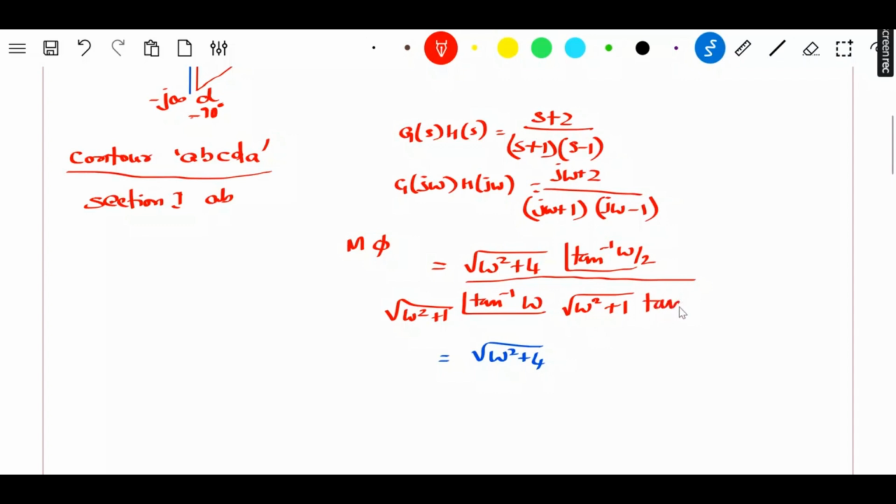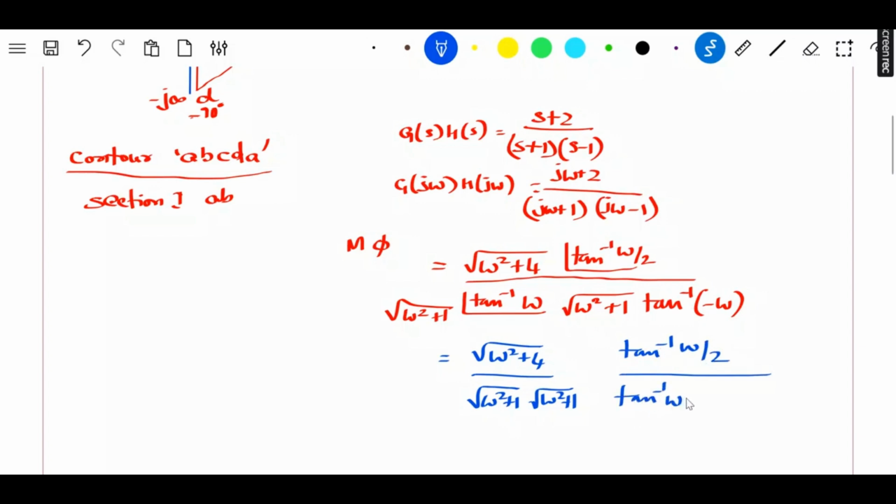Now let me write the magnitude and angle separately. Magnitude is square root of omega square plus 4 in the numerator, over root of omega square plus 1 into root of omega square plus 1. The angle is tan inverse of omega by 2 in the numerator, and tan inverse of omega and tan inverse of minus omega in the denominator.